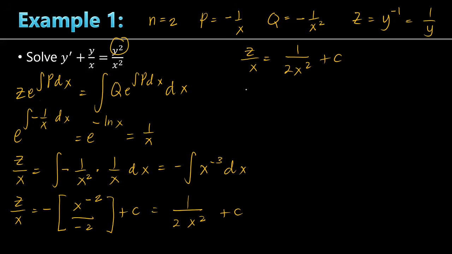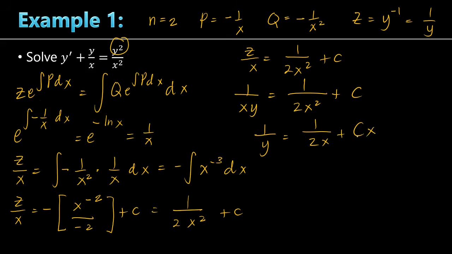So I can write this as 1 over xy equals 1 over 2x squared plus c. If you want to solve for y, then I can multiply first both sides of the equation by x. So that 1 over y equals, if I multiply both sides of the equation by x, x will cancel, giving me 1 over 2x plus cx.